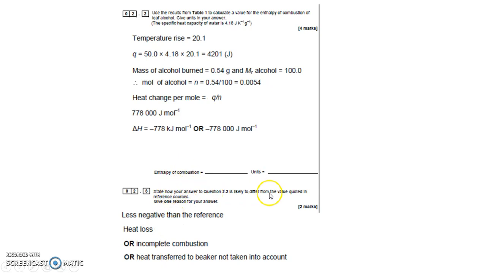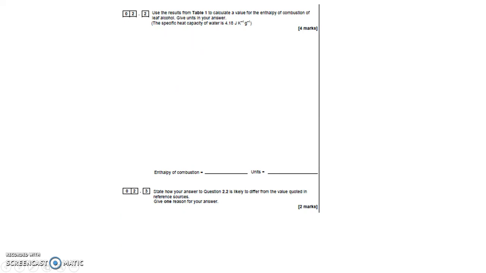Let's have a look at how it's going to differ. There's a mark for saying that it's less negative. How does that work out? Less negative, a smaller negative number. That's because not all of the heat will be measured. Some of it will be lost, so you won't see the full temperature rise.